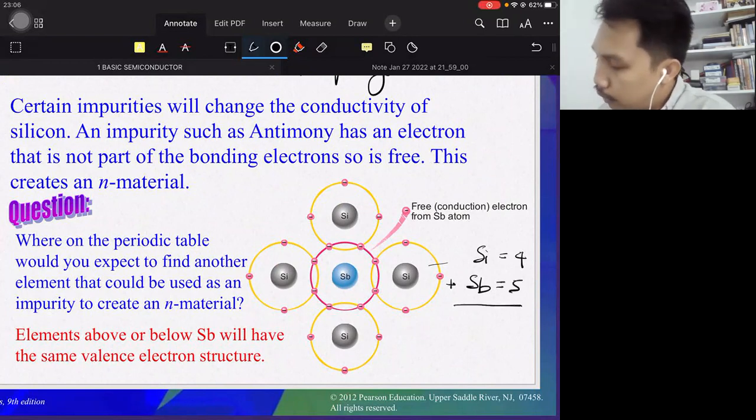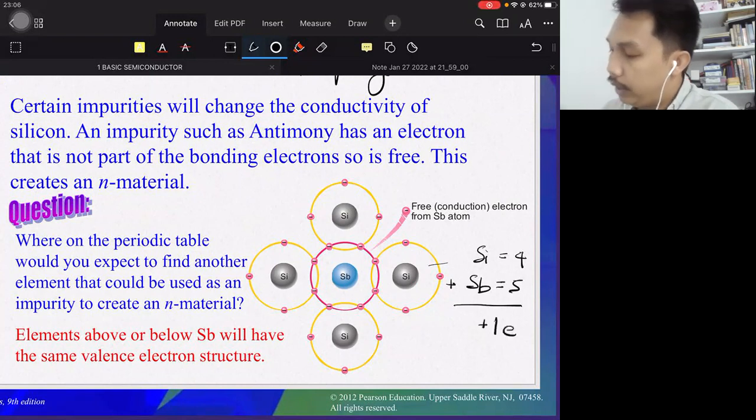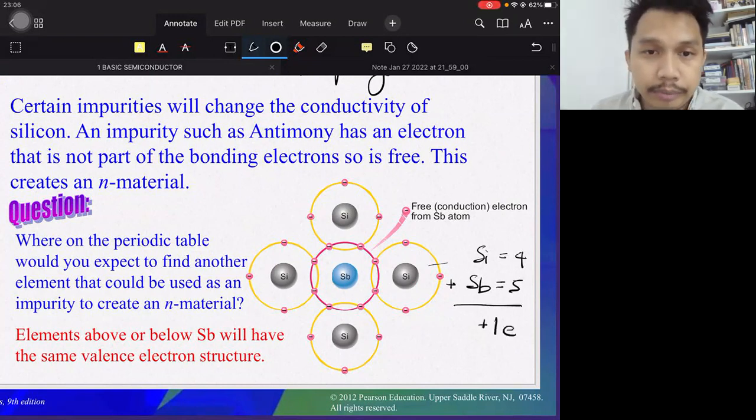A chemically stable atom should have 8 valence electrons. So this will have an excess of 1 electron. This extra electron becomes a conduction electron because it is not involved in bonding.